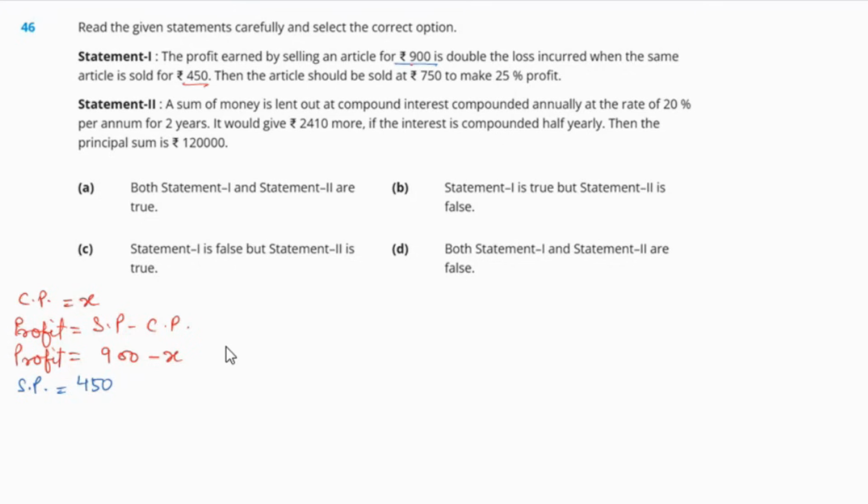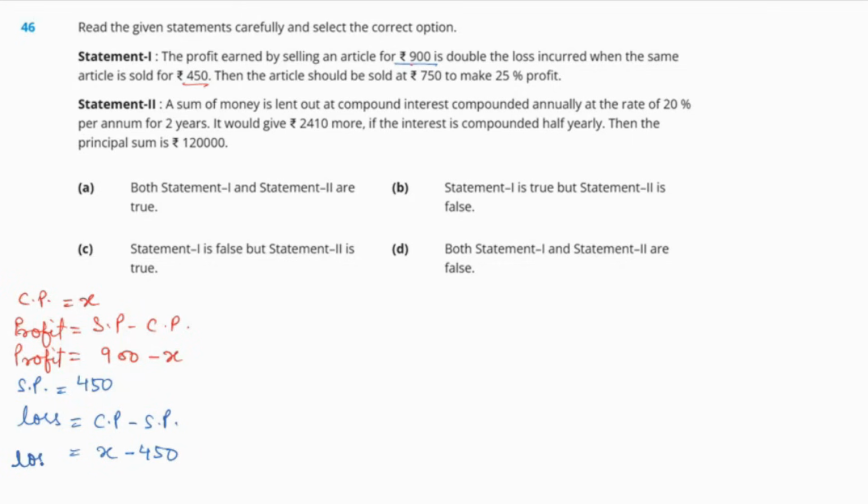According to this question, he is bearing a loss, and loss is cost price minus selling price. And this time the cost price is X and the selling price is 450. So that is the loss.